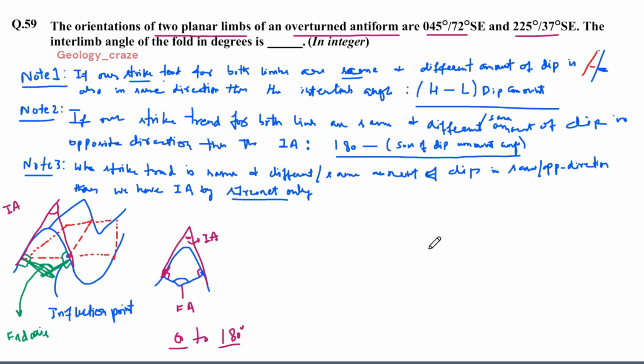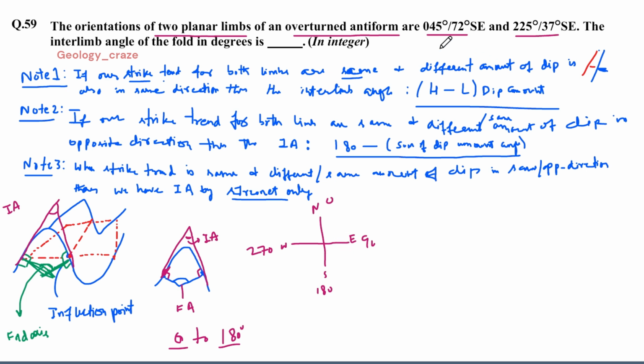So if we look at 45, this is our north south, this is our northeast, southwest. Here we are getting 0 or 360, here we are getting 90, 180 and 270.